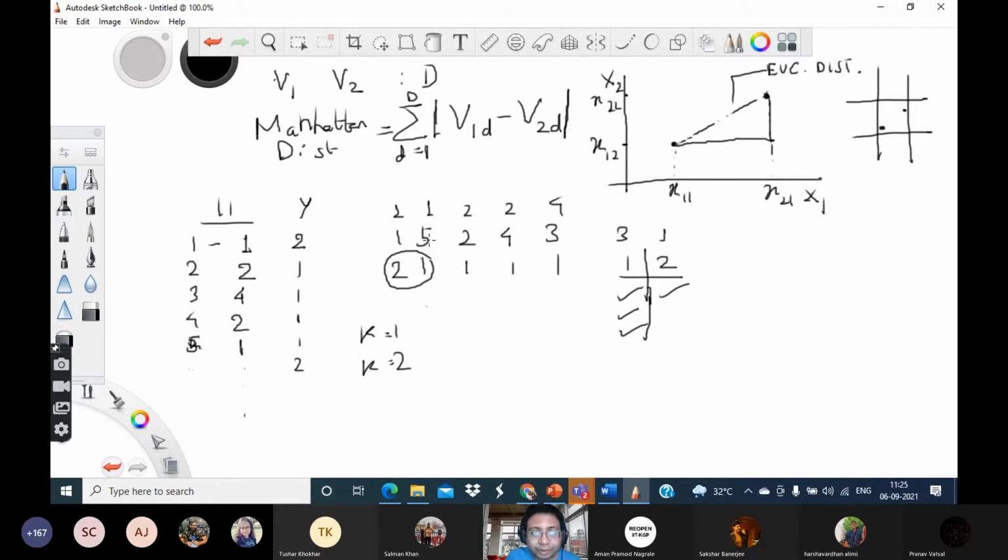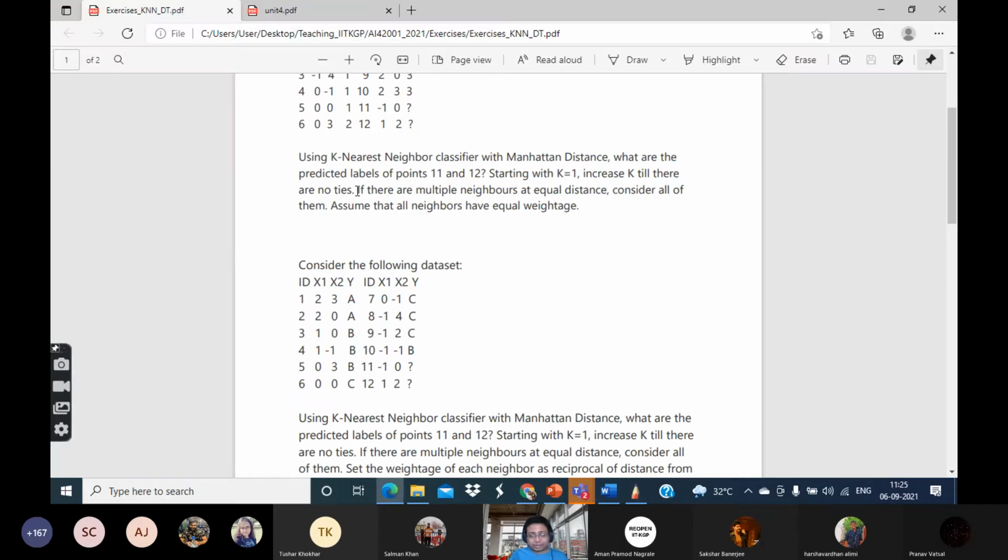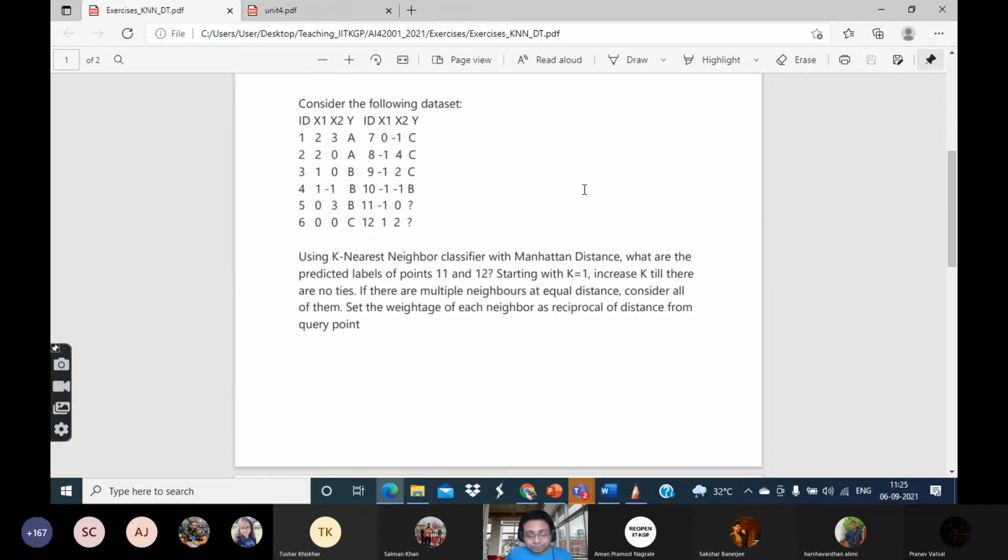That is, maybe I find that these 2 are at equal distance, both nearest neighbors, but I randomly select any one of them, say this one, and I use it as a vote. I can do that also, but in this case I am not doing it because the question says, if there are multiple neighbors at equal distance, consider all of them.